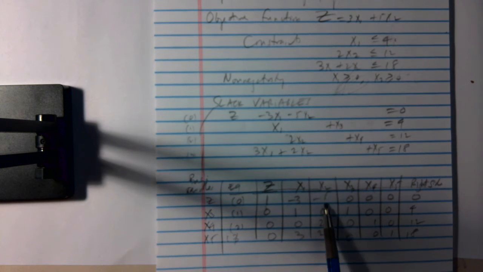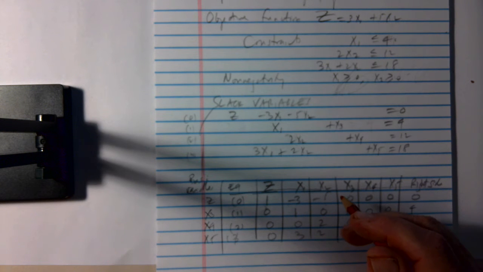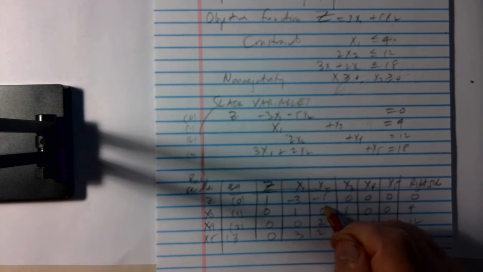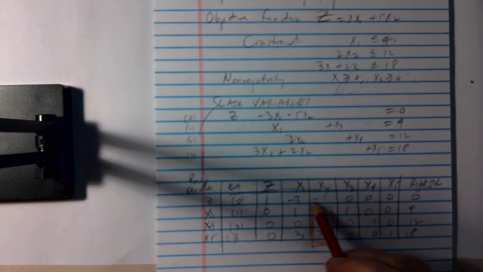And we look for the most negative, which is -5. So we're going to increase the variable x2 to increase z. So you put a box around this column. This is the pivot column.